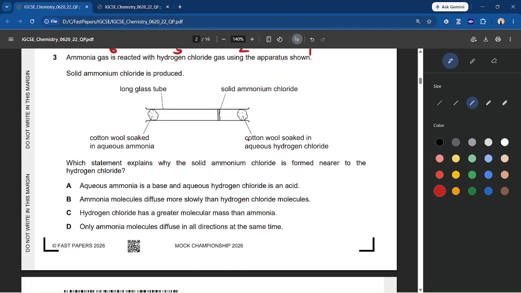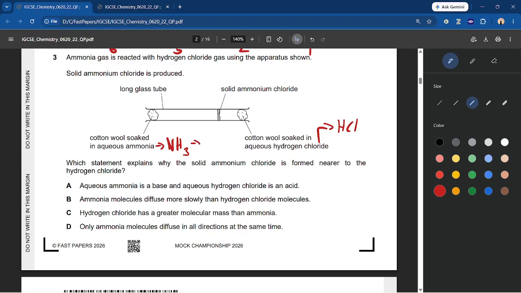Ammonia gas is reacted with hydrogen chloride gas using the apparatus shown. Solid ammonium chloride is produced. Which statement explains why the solid ammonium chloride is formed near to the hydrogen chloride? Let's take a look at ammonia, NH3, and hydrogen chloride, HCl.